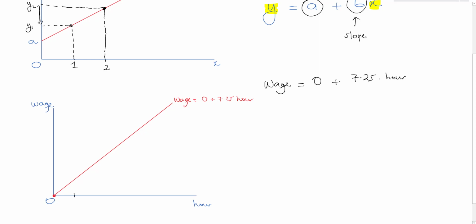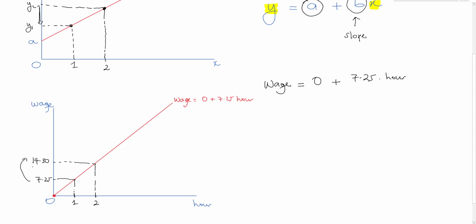So if someone has 1 hour, if you plug it in the function, how much is the person going to get? Well, 7.25. Okay, so that's if you plug 1 here. Now, if the hour increases by 1, you want to find out now by how much wage will increase. Well, it's going to be 14.50.